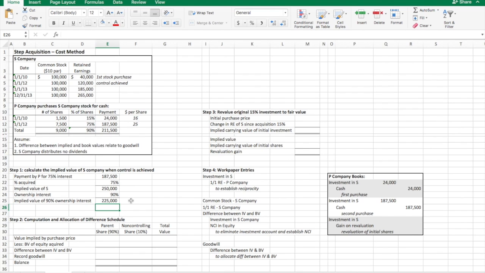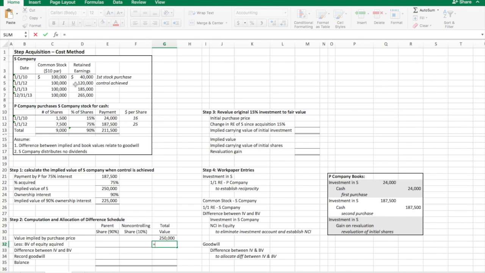Then moving down to step 2, we want to put together a computation and allocation of difference schedule. So first we need to calculate the value implied by the purchase price, but we already calculated that, so we can just drop that in. And then we'll need to subtract out the book value of equity acquired.